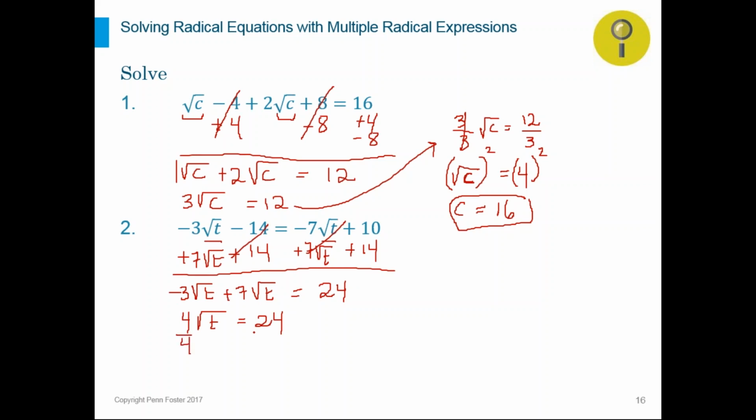Divide by 4, then the square root of t equals 6. Since we have the radical already isolated, square, and t equals 36. And that would be your answer, one value for t.